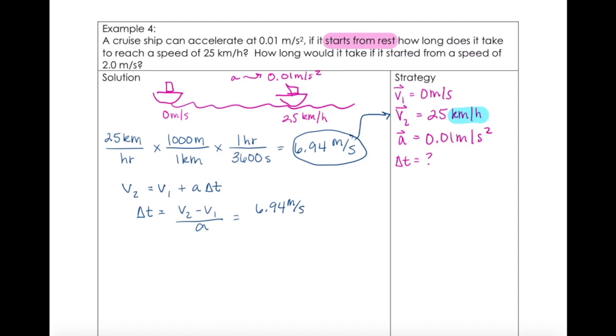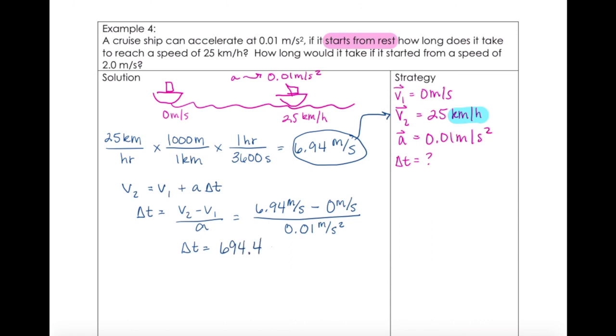Remember to use the meters per second one, minus our initial velocity, which is 0, all divided by our acceleration, which is 0.01.